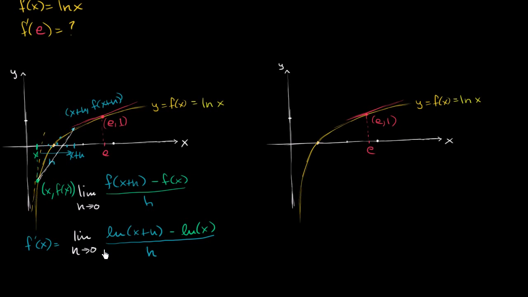It's kind of a crazy looking function of x. You have a limit here and all of that, but like any function definition, every place you see an x, you can replace it now with an e.